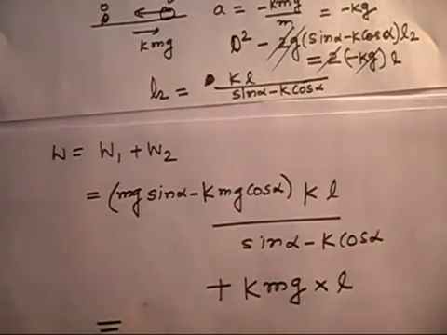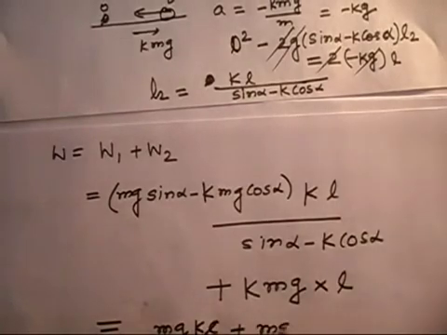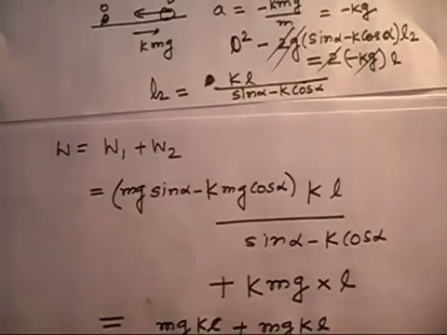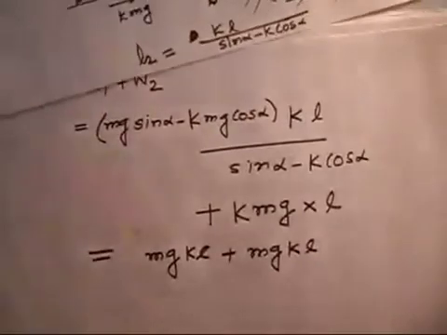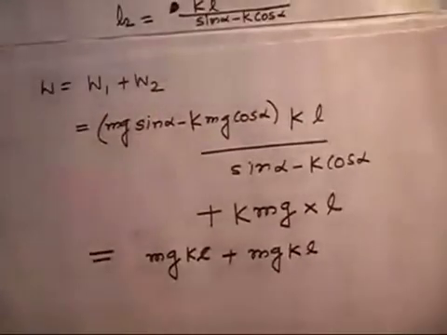So we will have mg kL in the first case plus mg kL in the second case. So I think I have missed something somewhere. It should be, so let us check. If sin alpha cancels out, there should be something I am missing. Let me check where I am missing.